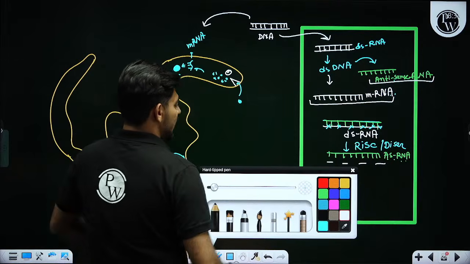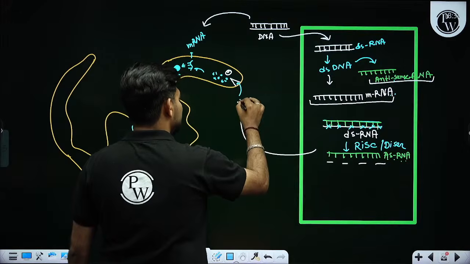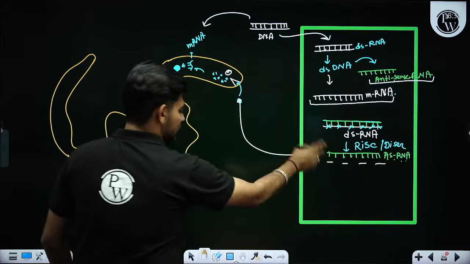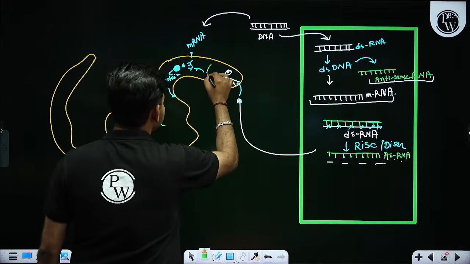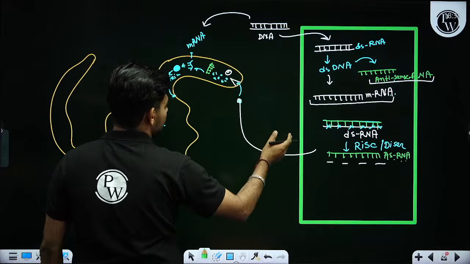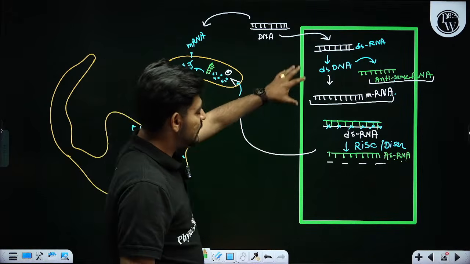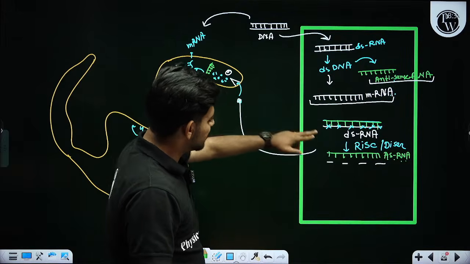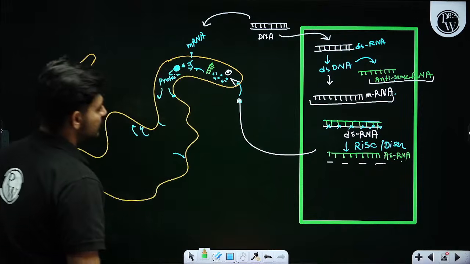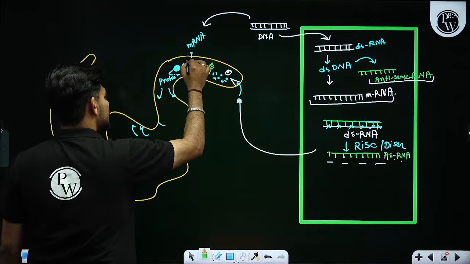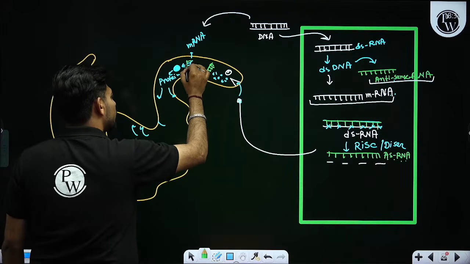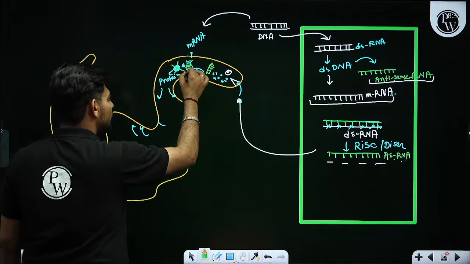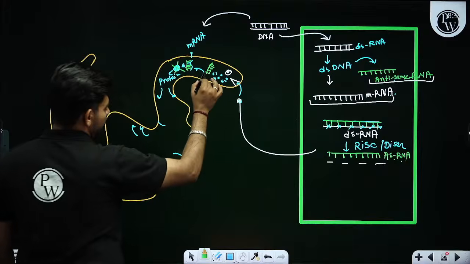Now this Meloidogyne will be feeding on this particular tobacco plant. While it's feeding or digesting this genetically modified tobacco plant cell, it will get this antisense RNA into its body, and this antisense RNA will go and bind with the protein producing mRNA, and that will block formation of protein in the body of Meloidogyne.